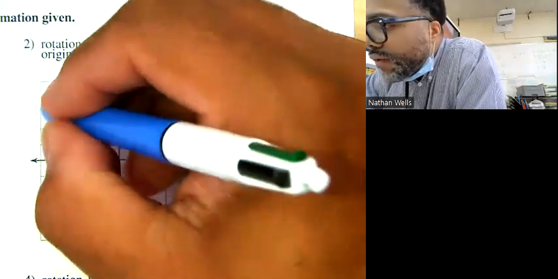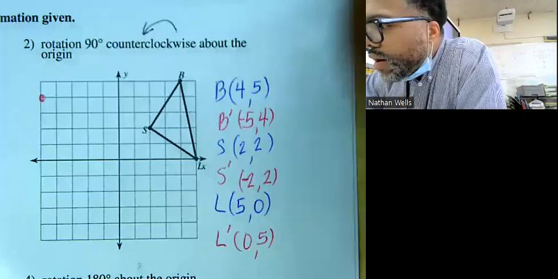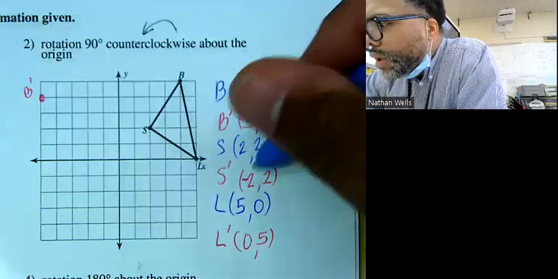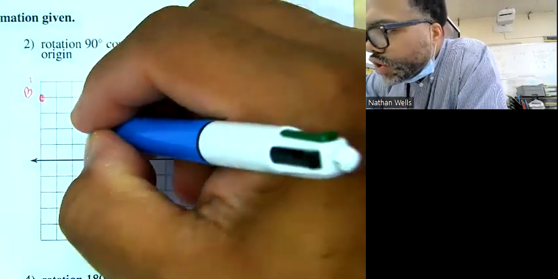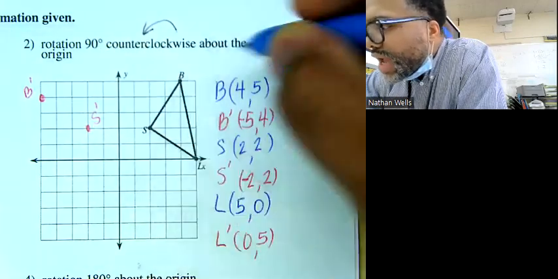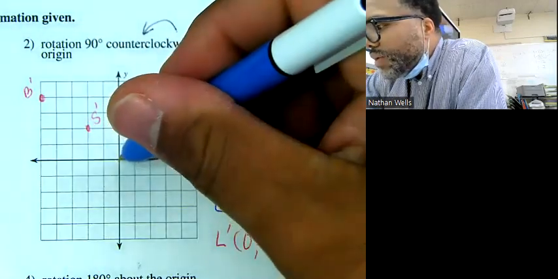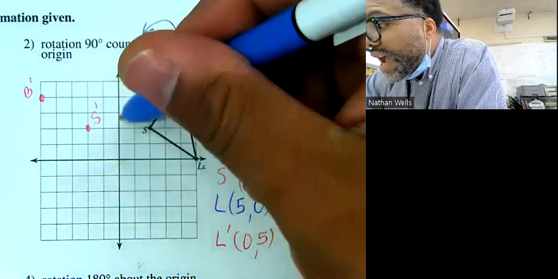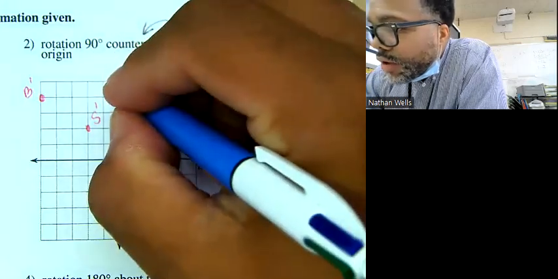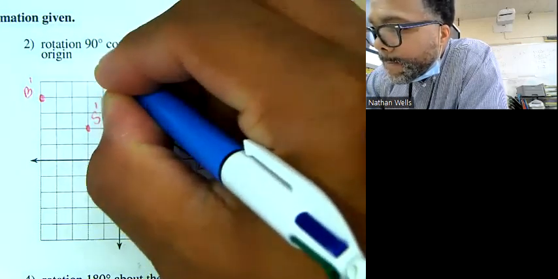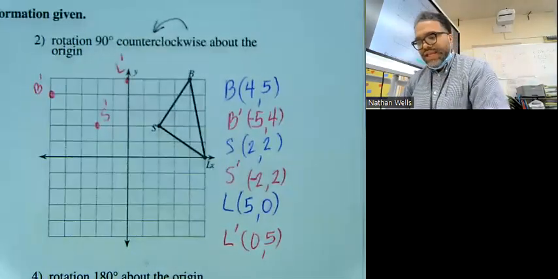So -5, +4 is B prime. -2, 2 is S prime. And 0, 5 is L prime. Go ahead and connect these points.